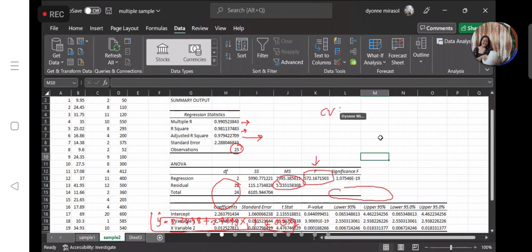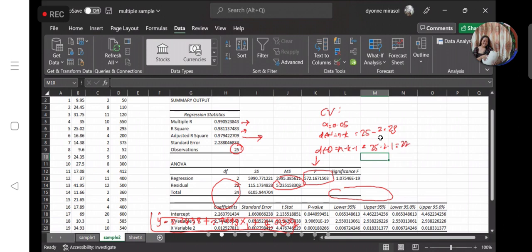Our critical value at 0.05, our numerator degrees of freedom is k, 2, and our denominator is n minus k minus 1, so 25 minus 2 minus 1, which is 22.